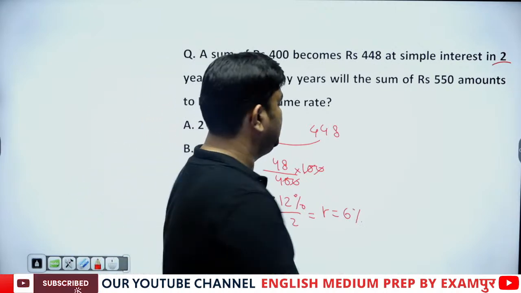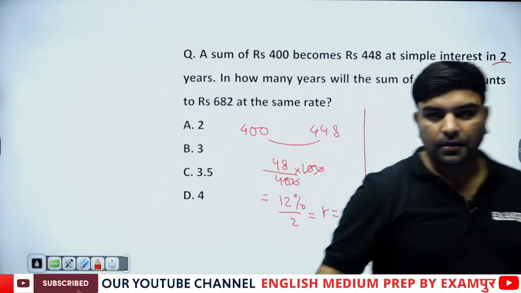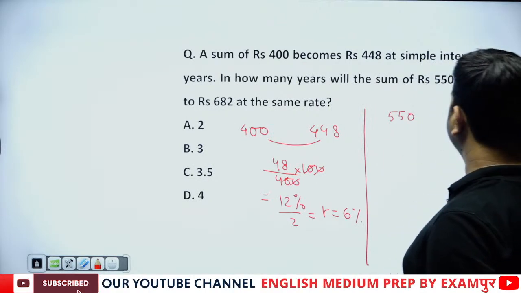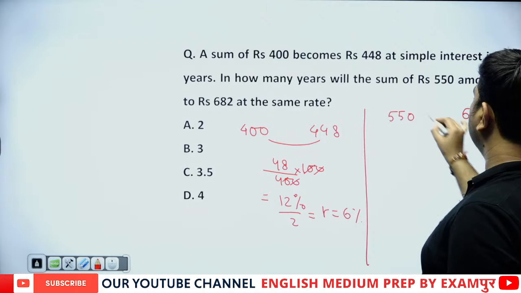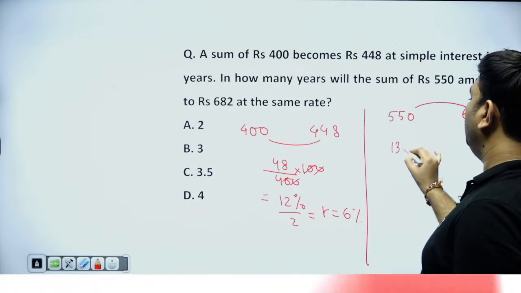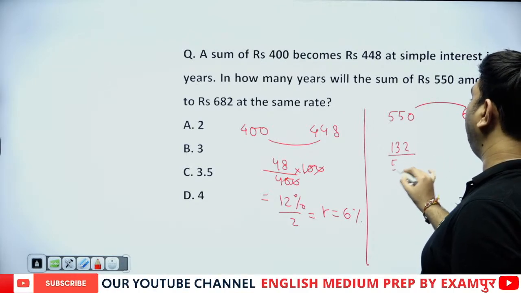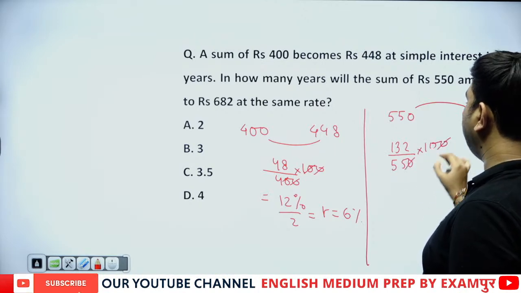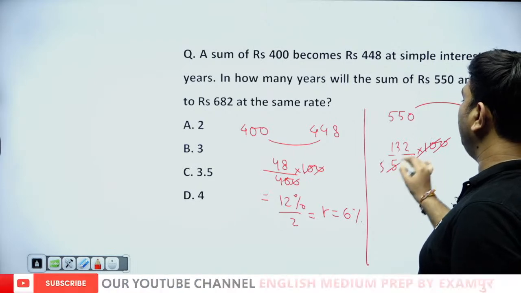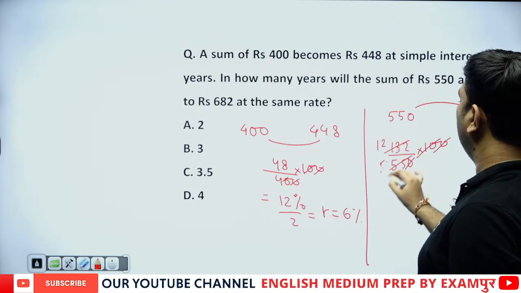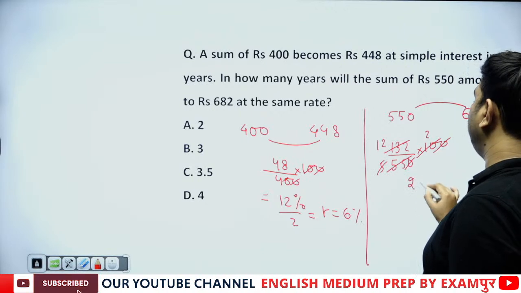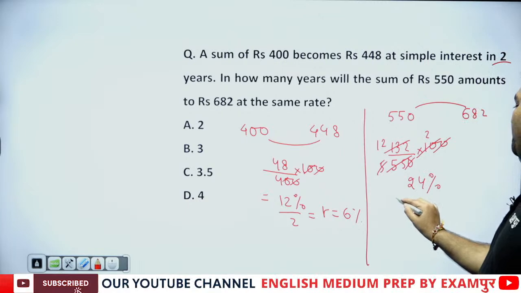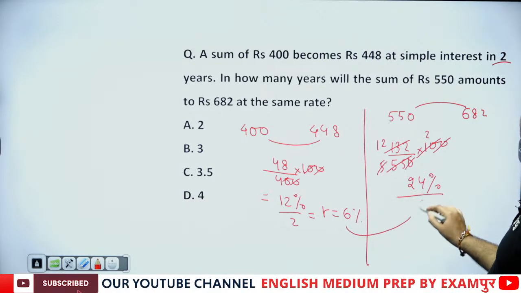Rate is 6%. Now you will say, sir, 550 has amounted to 682. So interest of 132. Interest of 132 over 550 into 100 is basically 11 5s are 55, 11 12s are 132, 5 2s are 10, 24% interest. 24% interest with the rate of 6%.